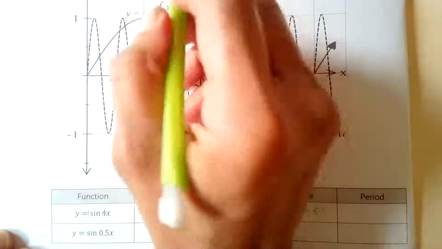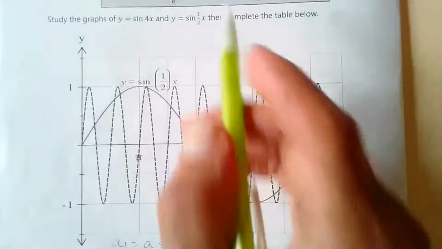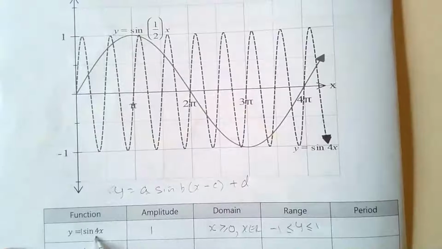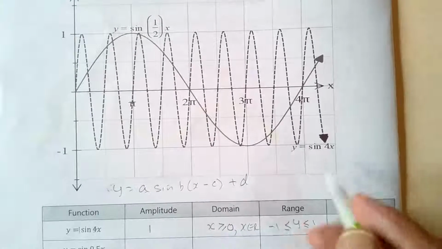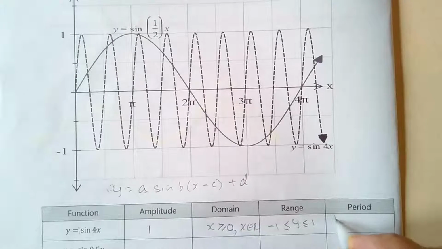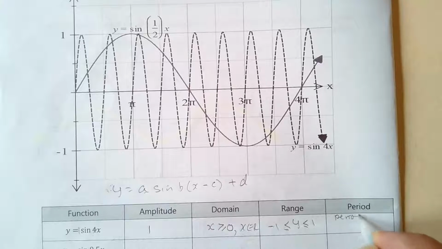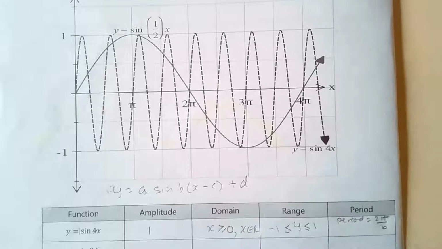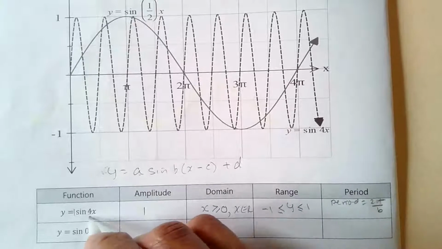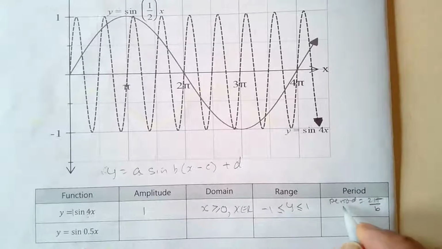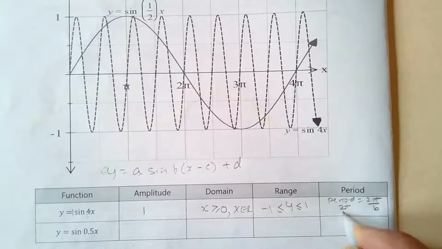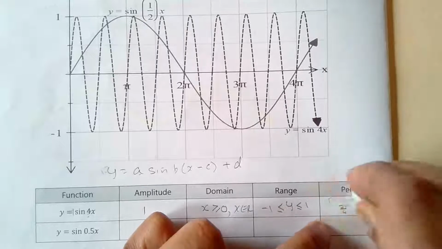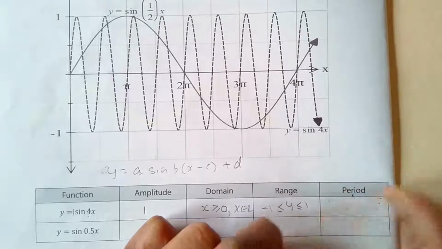The period, if you look at our formula, is 2 pi over b. So we'll use the formula here. The period is 2 pi over b. Now b is equal to 4, so this will be 2 pi over 4, which is half a pi.